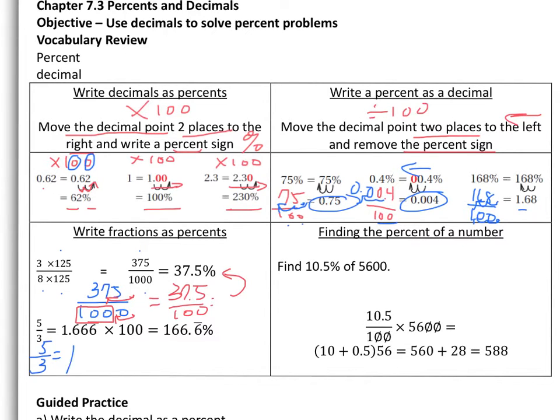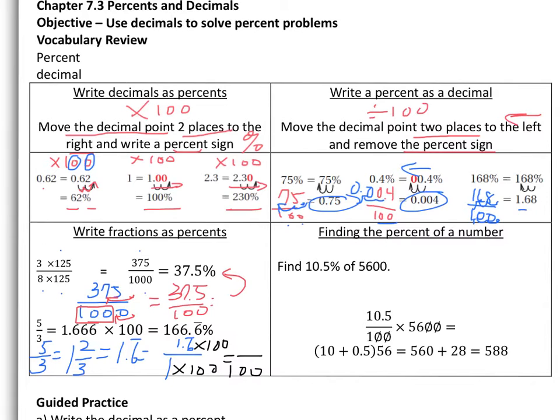As for 5 over 3, I can rewrite this as 1 over 2/3 and then 1.6 repeating. Again, I want to write this over 1, multiply by 100 because I want the denominator to be 100 in order to express it as a percent.